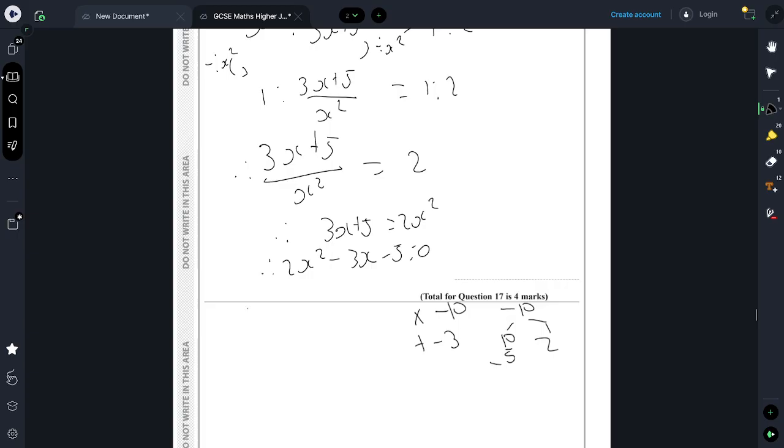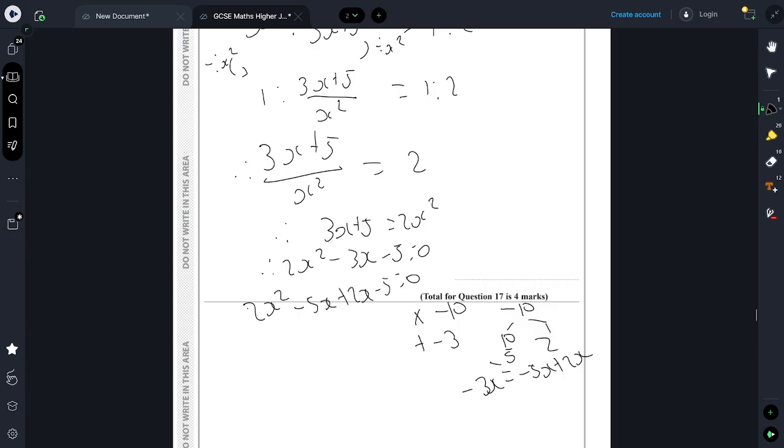What this allows us to do is break minus 3x into -5x plus 2x, right? That's what we're achieving. So let's bring this in: 2x squared -5x plus 2x minus 5.